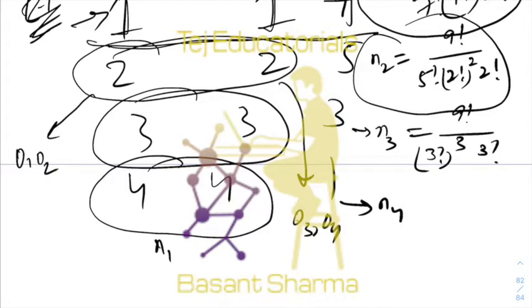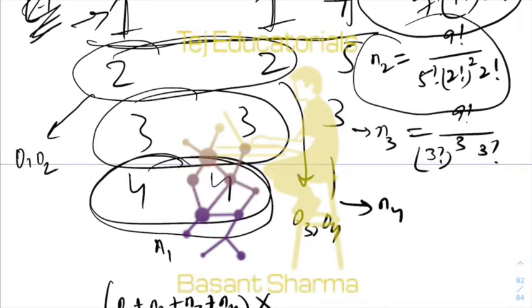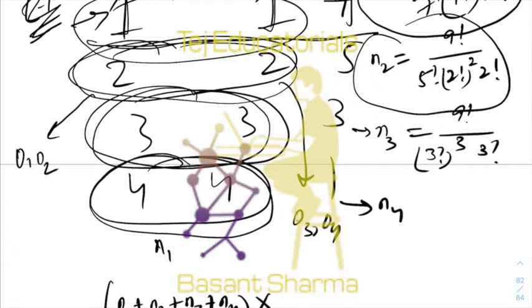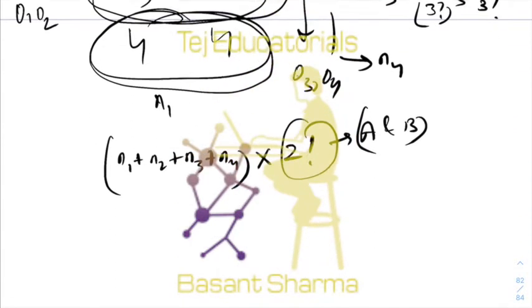Which one of them goes to A or B, that is important. So n1 plus n2 plus n3 plus n4 into these two groups of equal sizes, that you can distribute amongst 2 people in 2 factorial ways, that is amongst A and B. All right, so this is your answer.